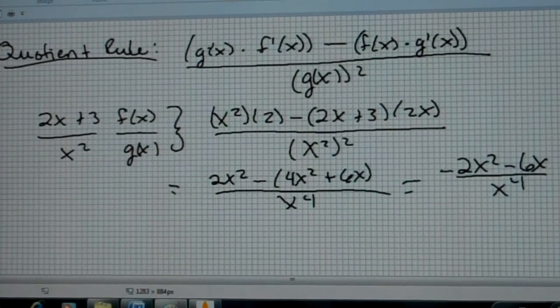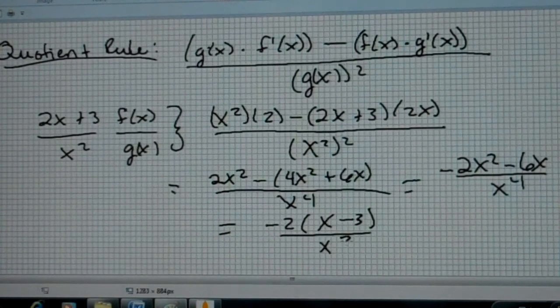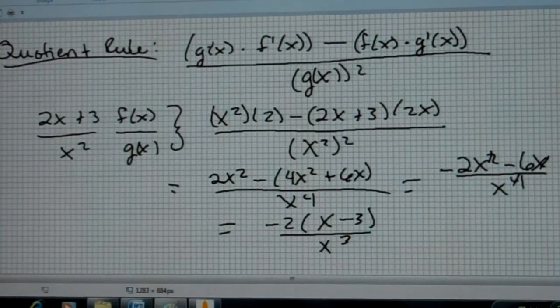And then this will eventually end up being negative 2 times x minus 3 over x to the 3rd, because you can cancel out an x here. Oh wait, eventually those x's. So that is the first example.